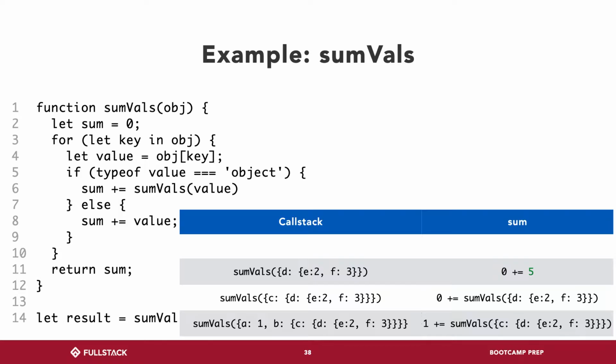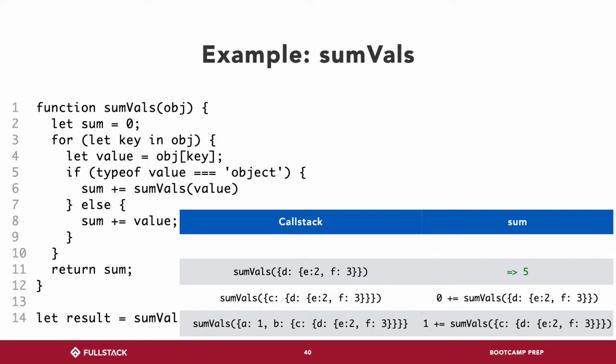So once this equals something now, it adds it to the sum, which was 0, add 5 to 0. There's no more keys in the object. This big object has one key. For in loop breaks, returns the sum. The sum is 5 still. So now we know the return value of sumVowels of this thing is going to be right here, right?